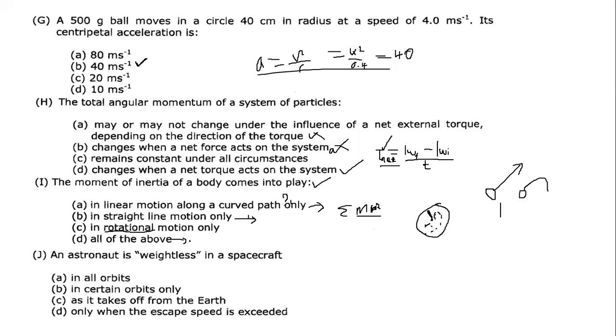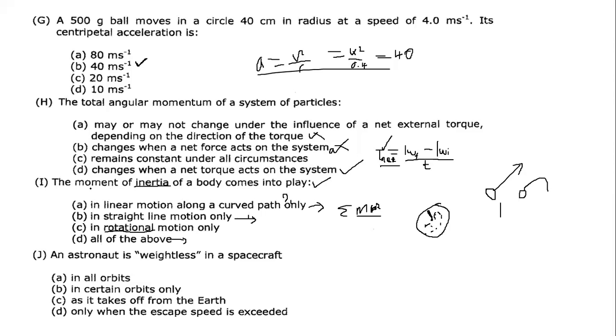Especially since we know that in a straight line there's no moment of inertia coming into play, but there's inertia. If they just said inertia, it can be in all the cases, because even in moving in a straight line, inertia is that resistance to change of motion.